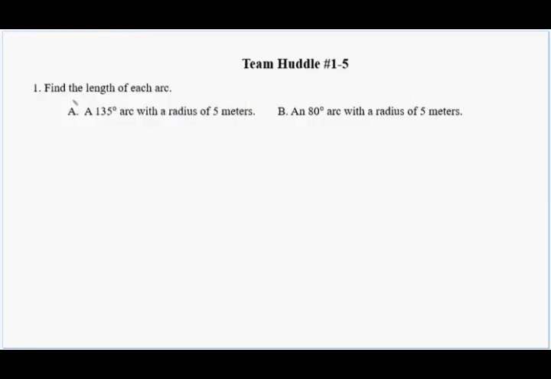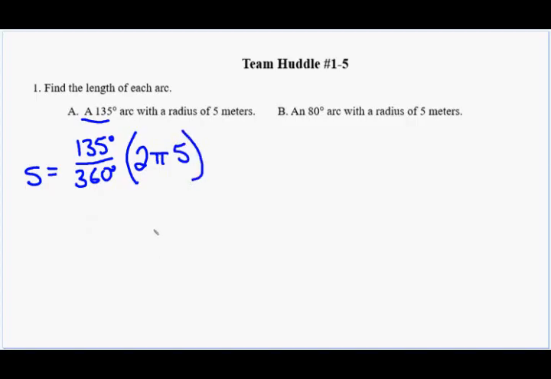All right, number 1, A is not bad. So our arc length for a 135-degree arc out of a full 360-degree circle times 2 times pi times the radius 5. So that'll be 10 pi times our fraction. And we should get S is about 2.36. In this case, wrong.